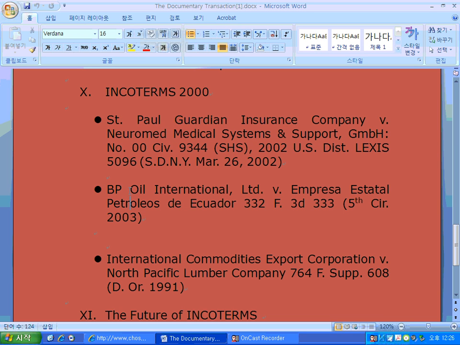An American corporation and Neuromed, a German corporation, entered into a contract of sale for a Siemens Harmony 1.0 Tesla mobile MRI. What is the subject matter of the contract? So Neuromed, we suppose, is a kind of medical tools or instruments.